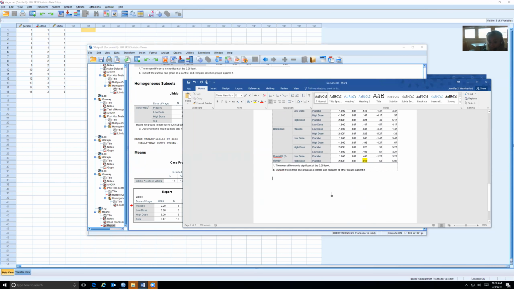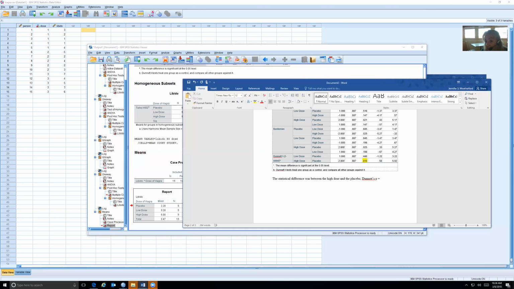And so I'm going to report, first I'm going to tell my reader why I chose Dunnett's. I chose Dunnett's test because it was specifically designed for a placebo type or controlled type study. And then the statistical difference was between the high dose and the placebo. And here I'm putting Dunnett's.